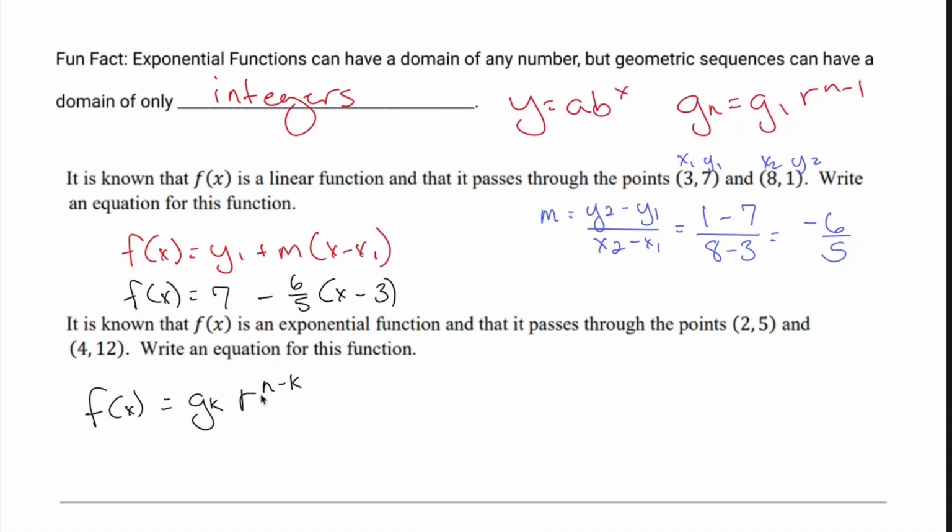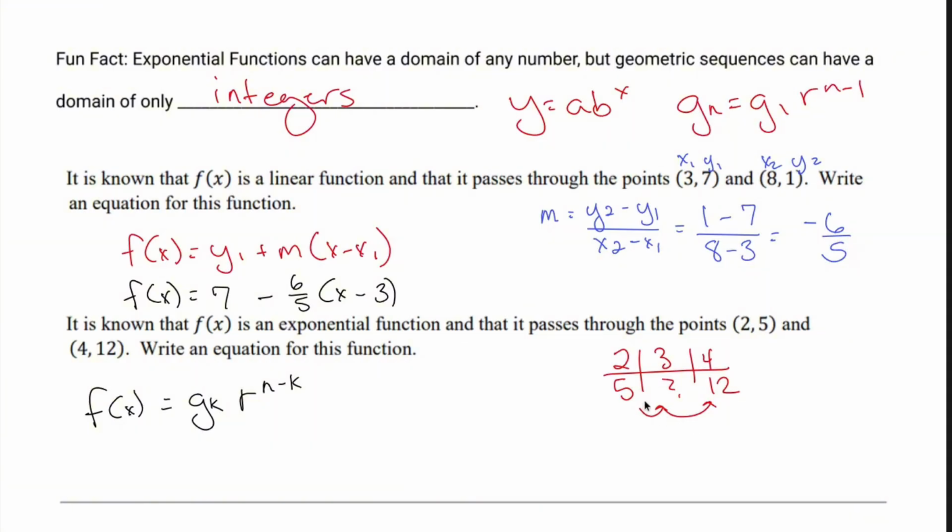Now this is going to be a pain in the butt. You see, this is exponential, which is the same as geometric. So you kind of have like a table here where it's supposed to be 2, 3, 4, and 2 is matched up with 5, and 4 is matched up with 12. Basically, you have to figure out what you multiply to something twice.